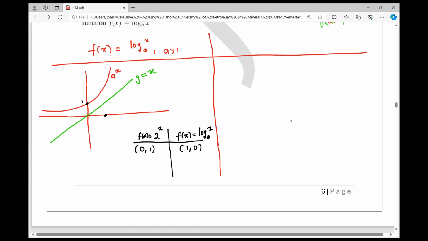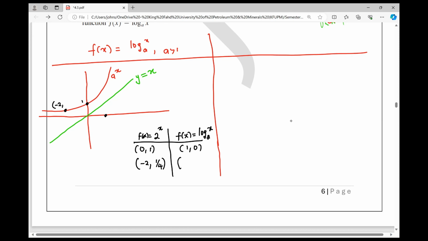Also, if you take some point here, for example, you can take x to be minus 2. Then you have 2 to the power minus 2, right? So this would be 1 over 4. Here I'm just taking a particular example, for example, you take a to be 2, so that you can have the point.